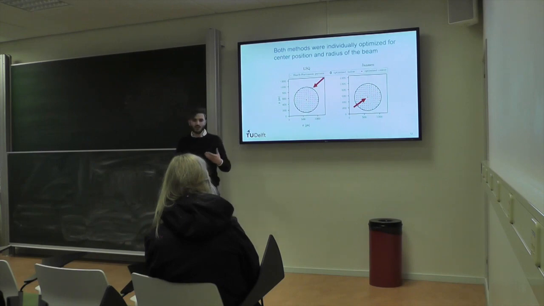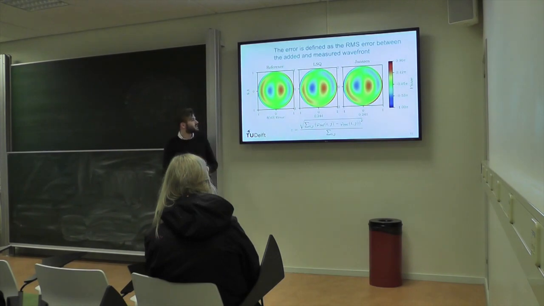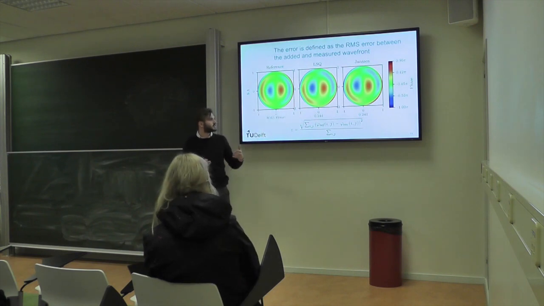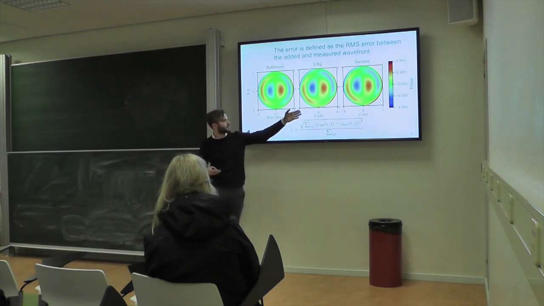After this, I want to show you how I defined this RMS error to find this optimum position. Here I've shown you one of the experiments that I did, where on the left we see my reference aberration that I added with the spatial light modulator. In the middle and on the right we see the least squares reconstruction and Janssen's reconstruction. It can be seen that the least squares reconstruction and Janssen's reconstruction look very similar.